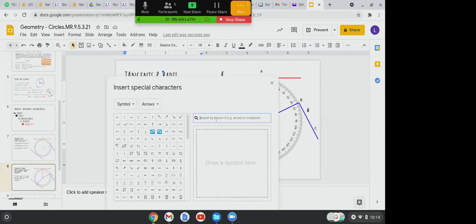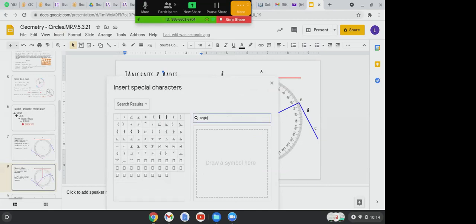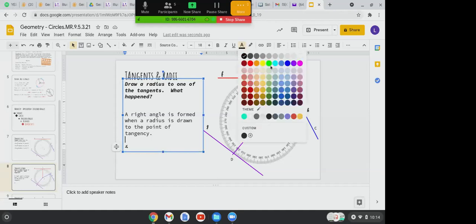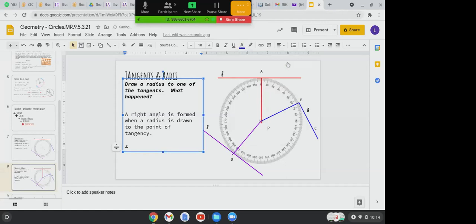You see this one with the hook means measured angle. So we have a measured angle, and our angle is PBC, and it equals 90 degrees.